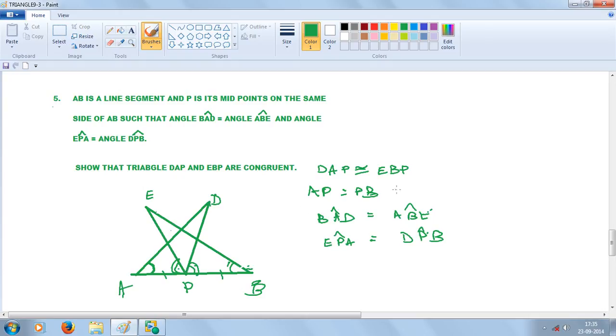Two triangles: triangle DAP is congruent to triangle EBP, we have to prove. So this way, see, AP is equal to BP, number 1.